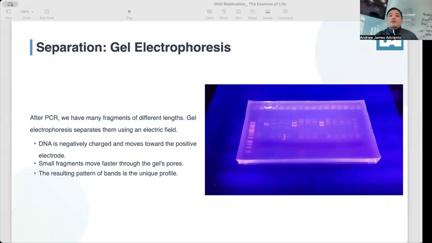So when we turn on an electric current, the DNA crawls through a jelly-like filter toward the positive end, and small fragments, those with few repeats, zip through the holes quickly, while big fragments get stuck and move slowly. So this sorts the DNA by size or length.